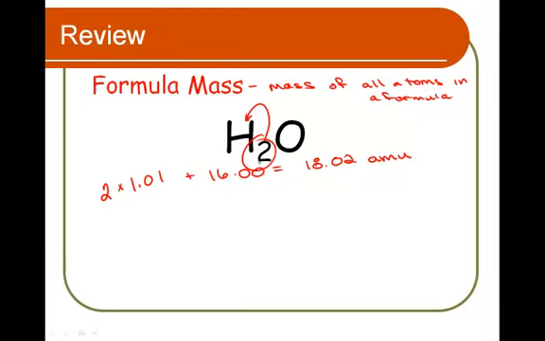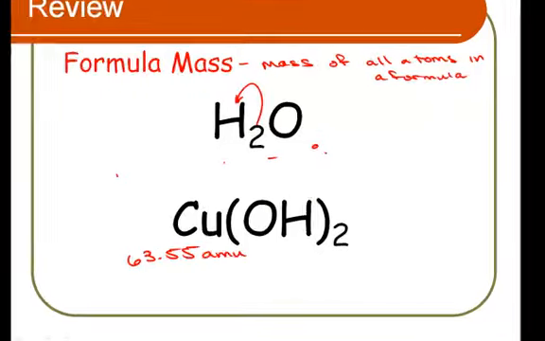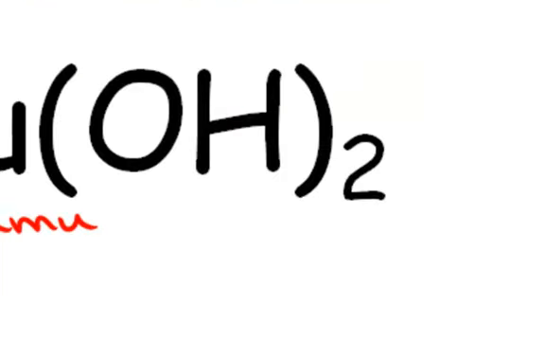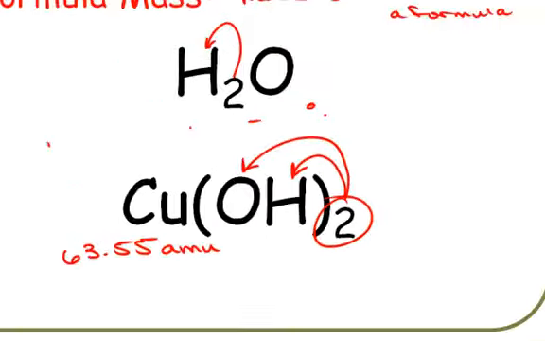Let's look at another compound. Copper(II) hydroxide. Well, looking at our periodic table, we can look up copper, see that it has a 63.55 AMU mass. Now, looking at our hydroxide, remember this 2 on the outside of our parentheses is distributed to both the oxygen and the hydrogen.